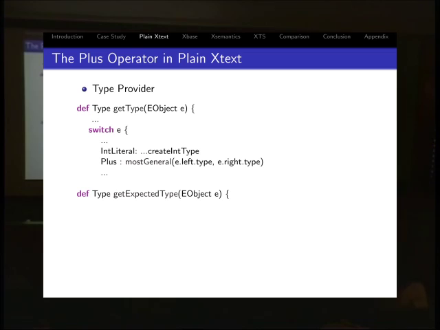But the expected type of a plus operator in our language is either a string or something more specific. And the methods, most general and most specific, relate to type assignability. And this is the responsibility of the next class.